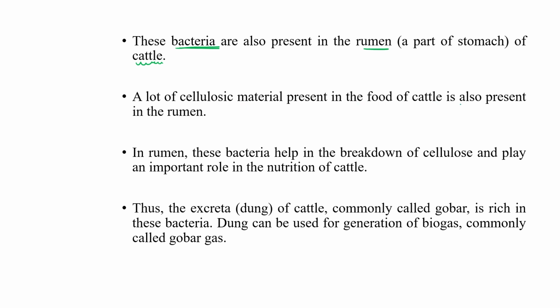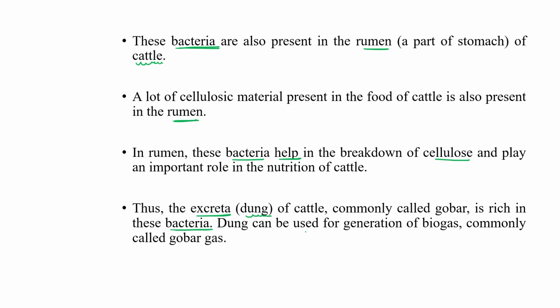In the rumen, these bacteria help in the breakdown of cellulose and play an important role in the nutrition of cattle. That is why their excreta, known as dung or gobar, also contain these methanogens.